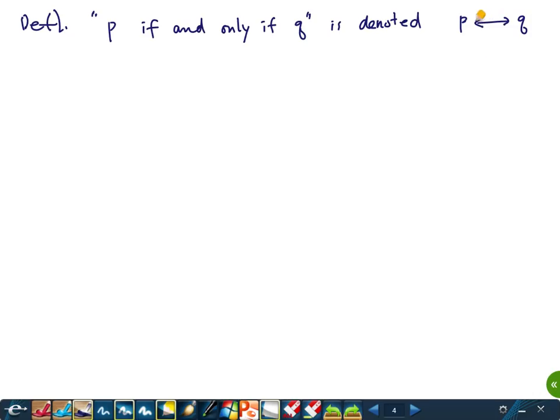So another definition. We can also construct a proposition this way: P if and only if Q is denoted by this. We have now arrows both to the left and to the right. This means P if and only if Q. And the truth value is defined like this.